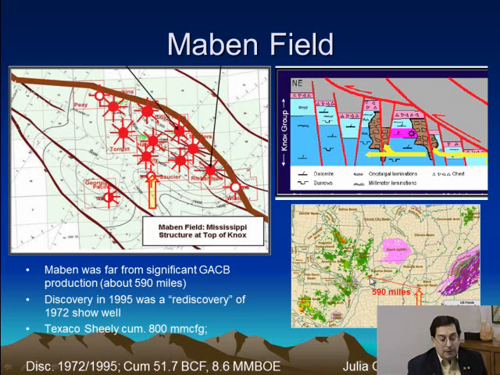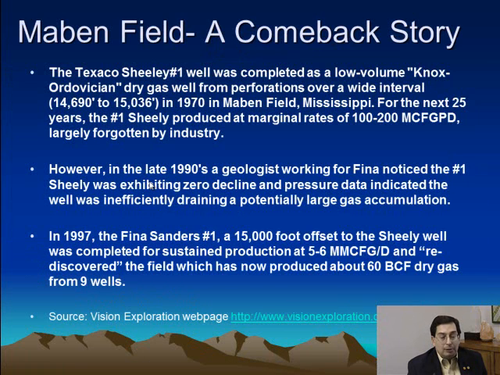Interestingly, there was a 1972 show well that Texaco drilled that had some gas shows and that continued to produce a small amount of gas for a very long time. And astute explorers came in and rediscovered this field in the 1990s.